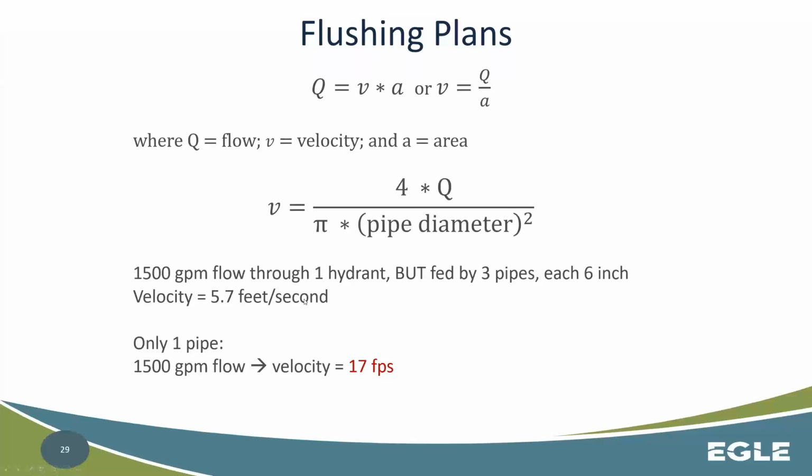But if I close that all down and I'm running one 6-inch line to that hydrant at that same rate of 1,500 gallons per minute, that's a velocity of 17 feet per second. That's well above any acceptable standard.